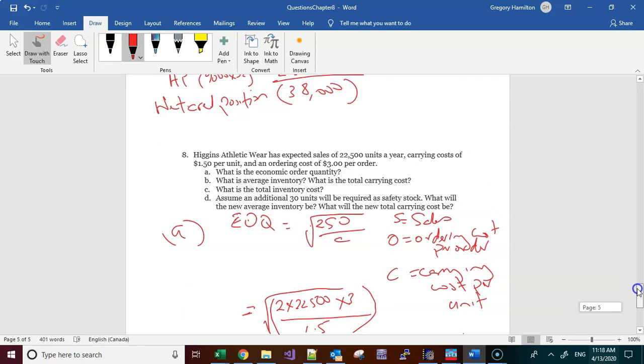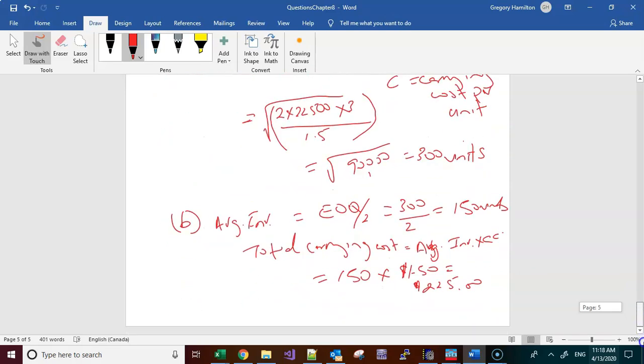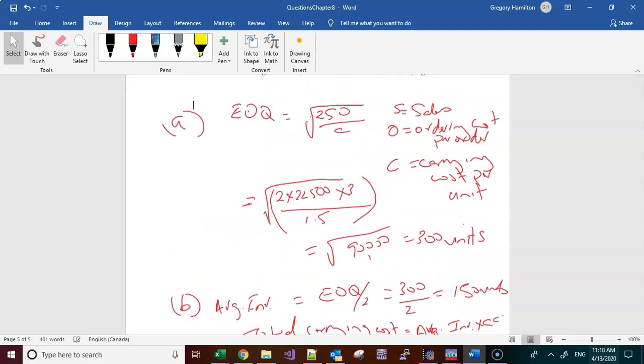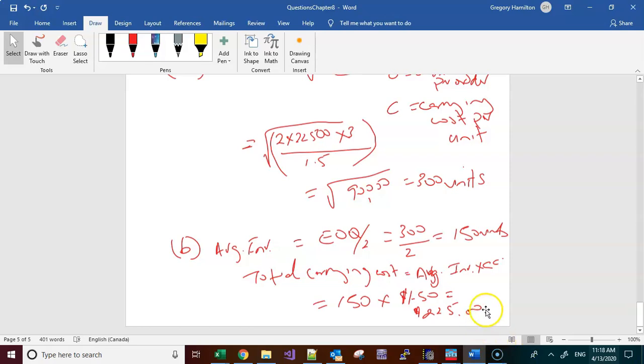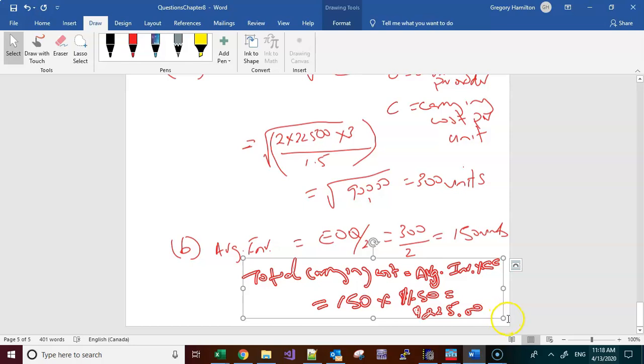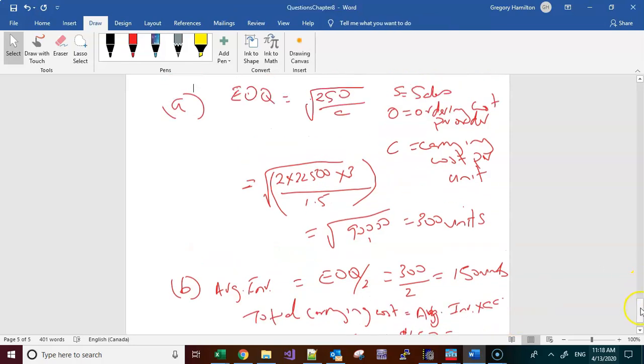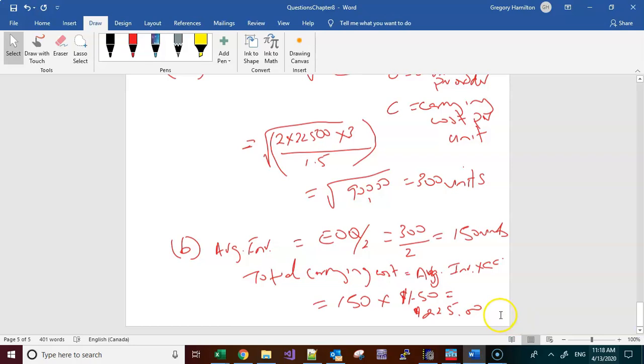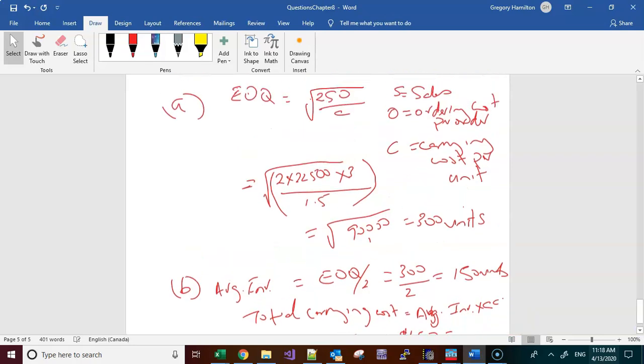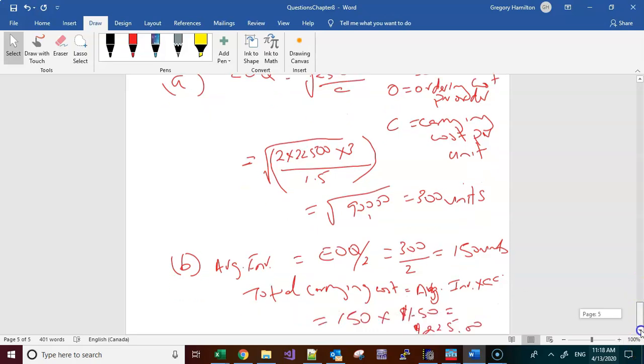So what is C asking for? C says, what is the total inventory cost? So how do we find total inventory cost?